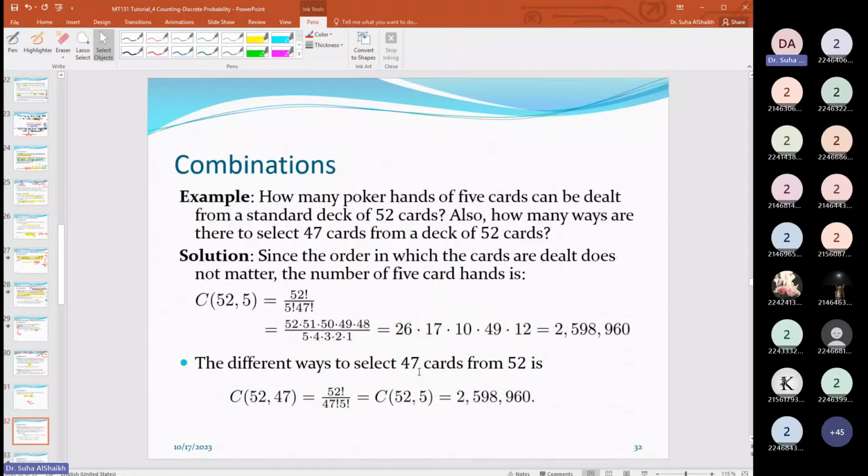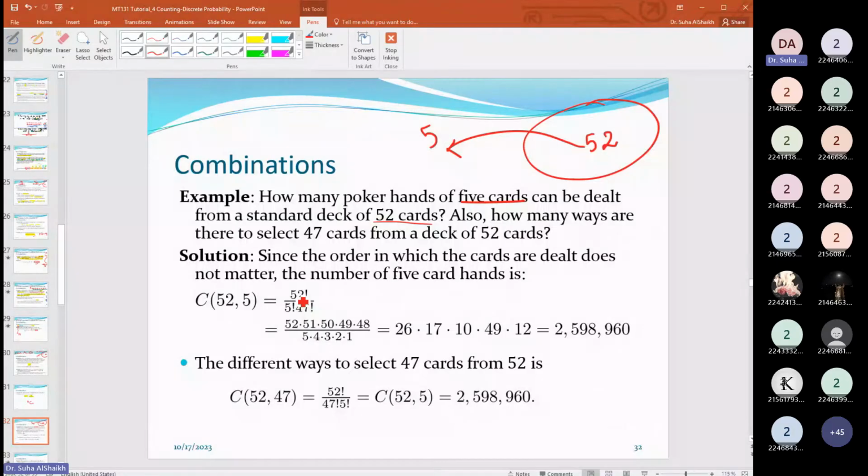Here we have this example. They say, how many poker hands of 5 cards can be dealt from a standard deck that has 52 cards? So what do I have? I have 52 cards and I choose how many cards from them? 5 cards. Now is the order important here or not? I'm choosing 5 cards. Does it matter which card I chose first or not?